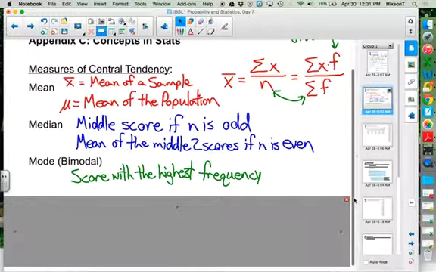Okay, notice though how each of these measures central tendency. For example, the mean measures the center because your mean is here, and then all the other scores are going to be distributed on either side.